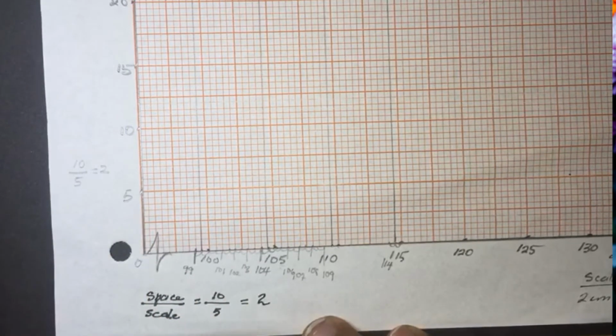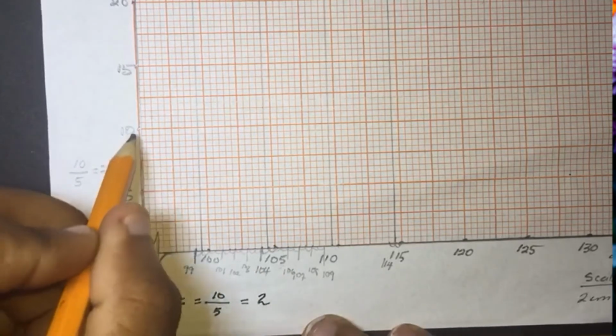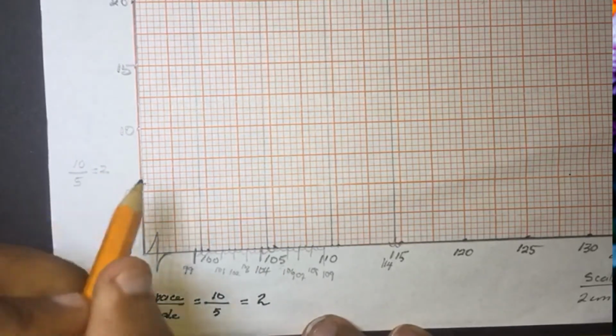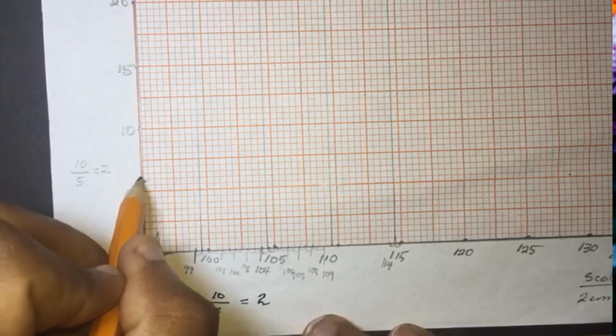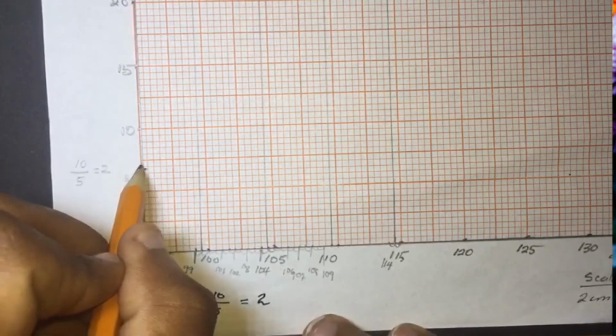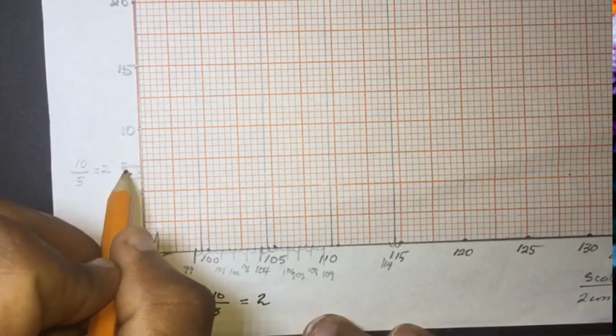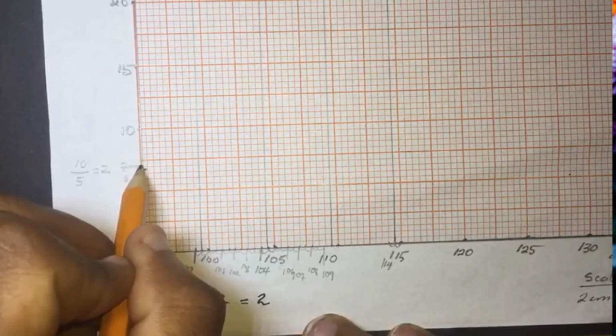So every little 2 on the y-axis now is 1 unit. If I'm going to look for 7, I know it's somewhere between 5 and 10. So 1, 2 will give me 6, and 1, 2 will give me 7. So this is where my 7 is, right here.